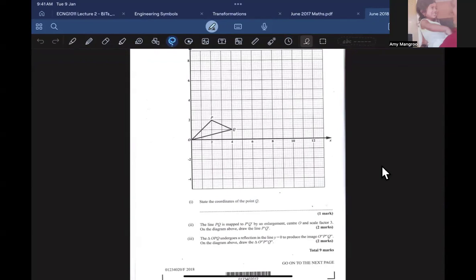Well, everybody's supposed to get the first one correct. Bryce, you think you could tell me the first answer? State the coordinates of point Q. I want you to tell me the coordinates of point Q. The first question.